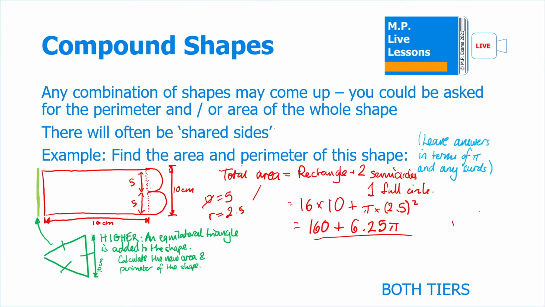For the perimeter, however, we have this length here, the width here, another length, and then we have the two semicircle arcs, or just a full circumference.